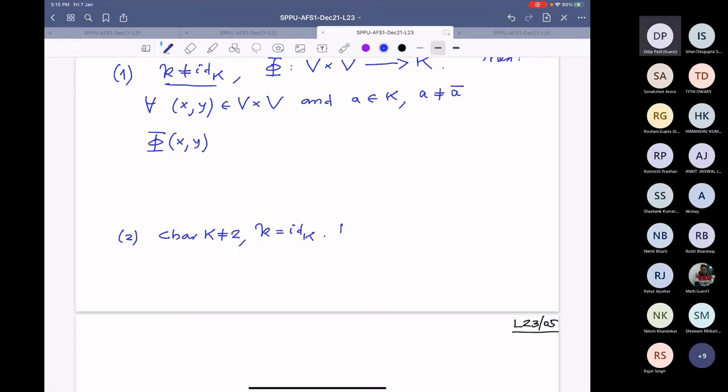Then, and also phi I have to tell you, phi from V cross V to K is a symmetric bilinear form on V. Then I want to write phi(x, y) in terms of the diagonal elements.